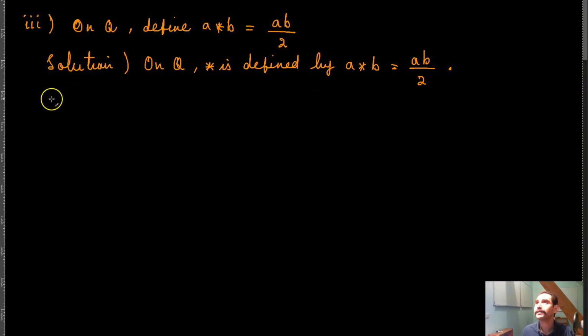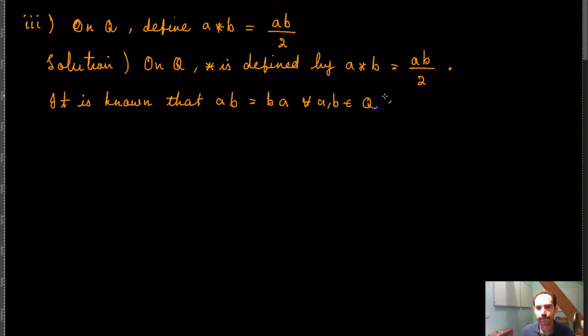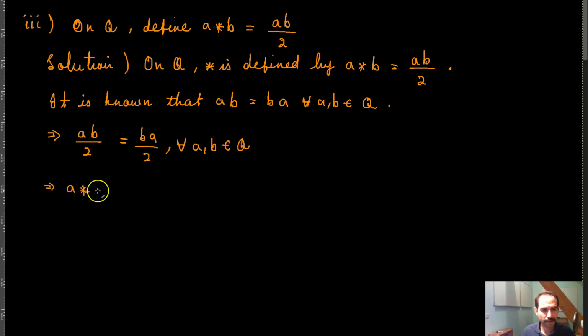Now it is of course known that A times B is equal to B times A for all A and B belonging to the set Q, and therefore AB divided by 2 is going to be equal to BA divided by 2 for all A and B belonging to Q, which means that A star B is going to be equal to B star A for all A and B belonging to Q, right?